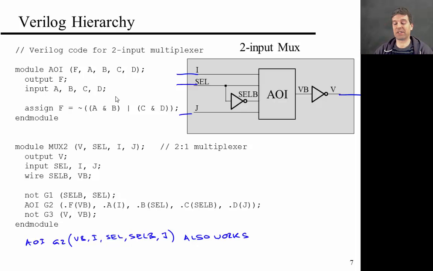With this particular notation, any order will work, because the new name will be put in the right location. Down here, if you switch VB and I, it won't work as you intended.